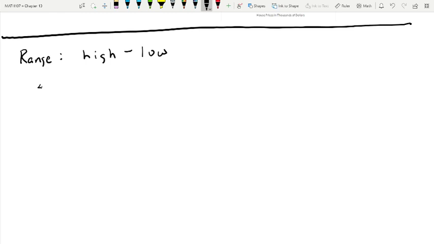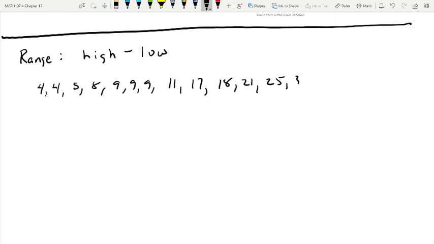We said the numbers were 4, 4, 5, 8, 9, 9, 9, 11, 17, 18, 21, 25, and 30. So my range here is going to be the 30 minus the 4, and we get a range of 26.